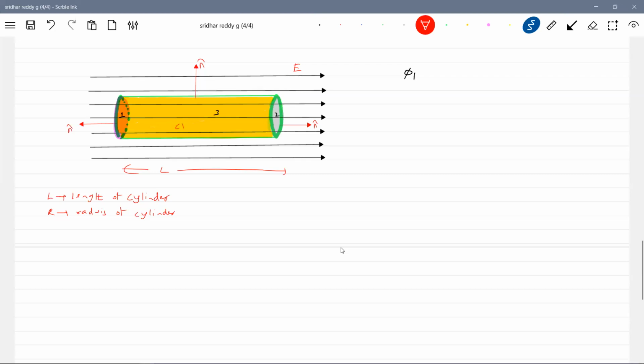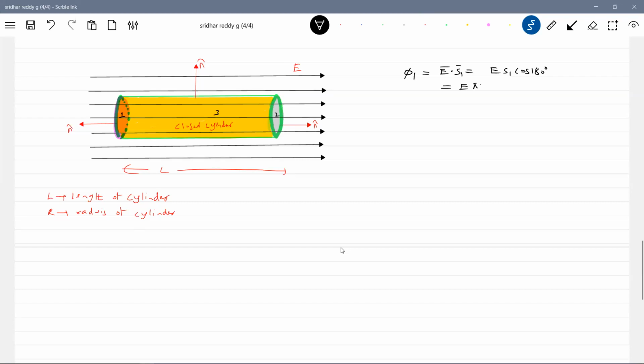Now, first the flux linking surface 1 should be equal to E bar dot S1 bar, E S1 cos 180 degrees.